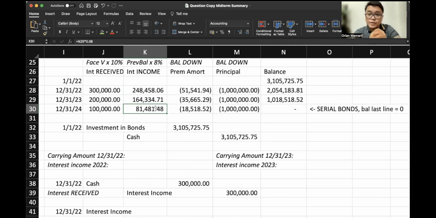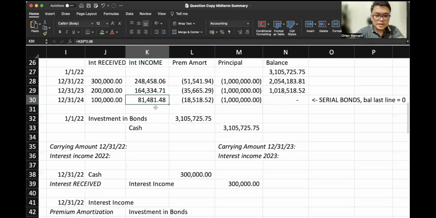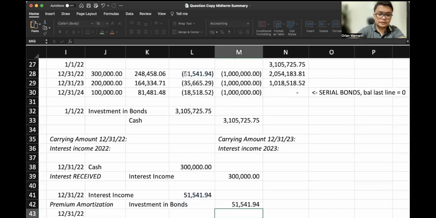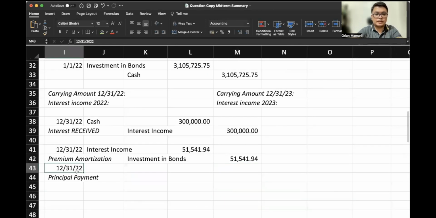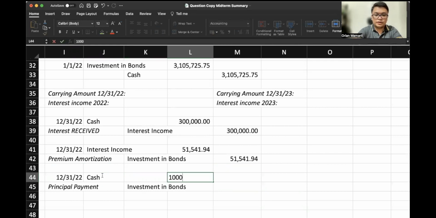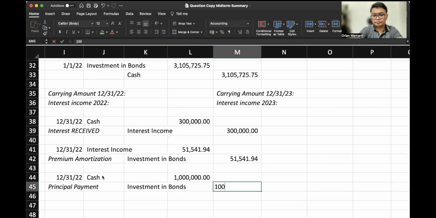But if it is a premium amortization, interest received minus premium amortization is equal to interest income. So for the first year, that would be 51. And for the principal payment, debit cash, credit investment, 1 million, 1 million.